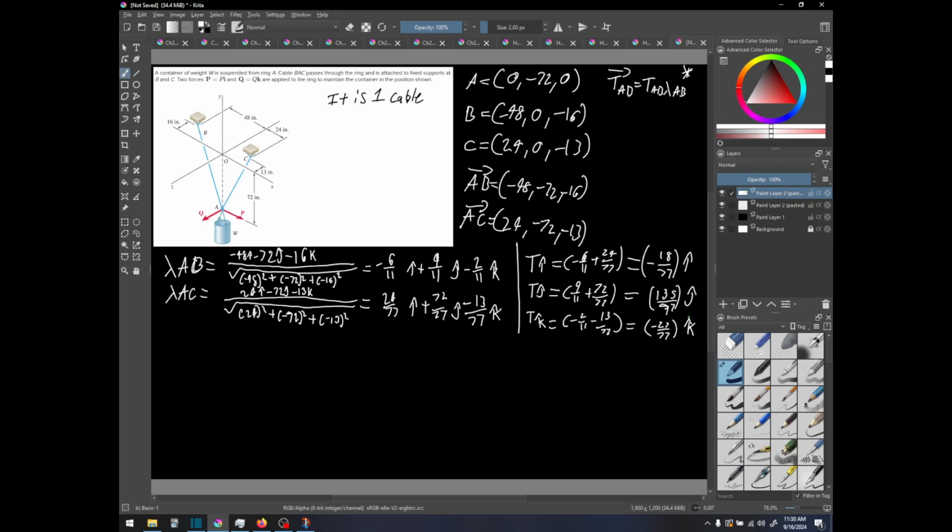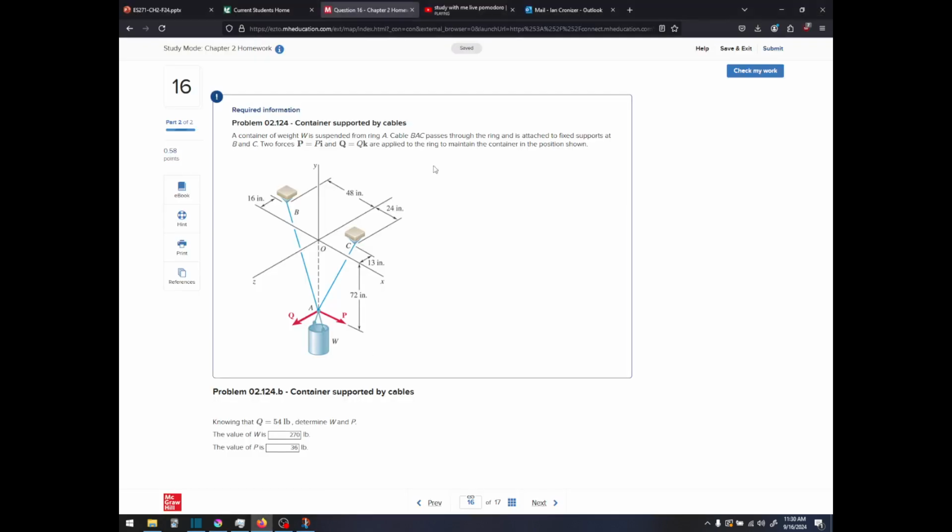We also have, let's see, we have q, t, and w. And I don't think it says it here, but if I pull up the question, q is 54.